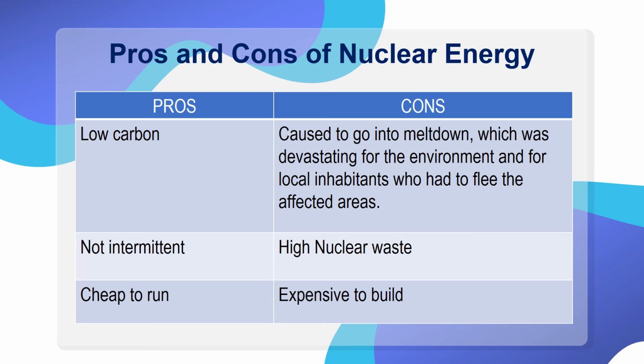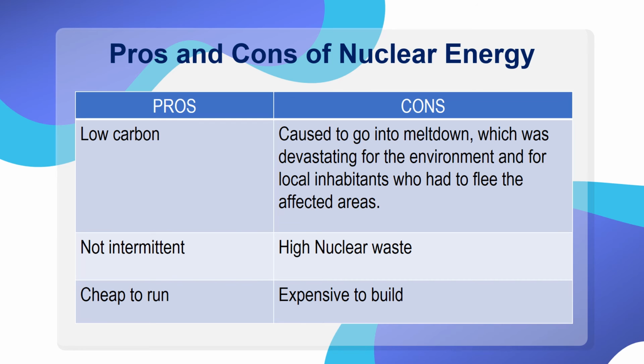The con of nuclear energy is that, despite all the safety measures in place, different factors have caused nuclear plants to go into meltdown, which was devastating for the environment and for local inhabitants who had to flee the affected area. Next, nuclear is non-intermittent, as nuclear power plants can run for a year or more without interruption for maintenance, making it a more reliable source of energy.